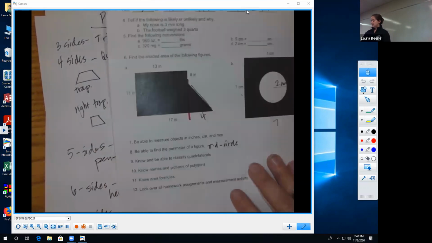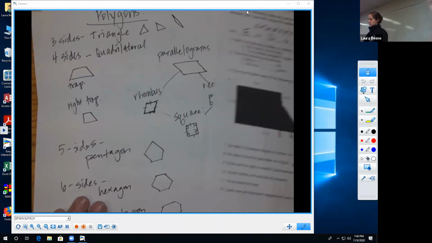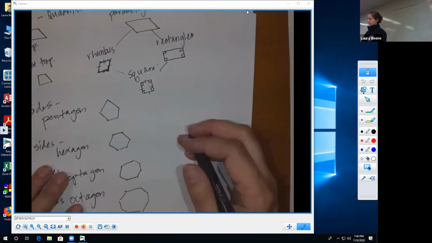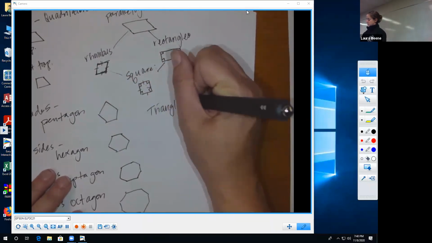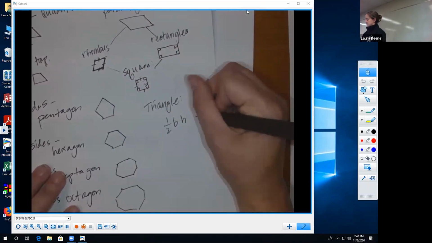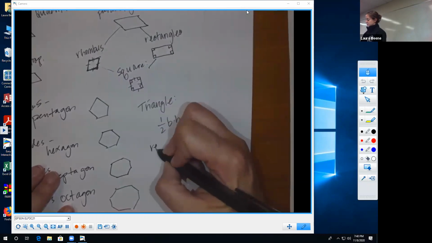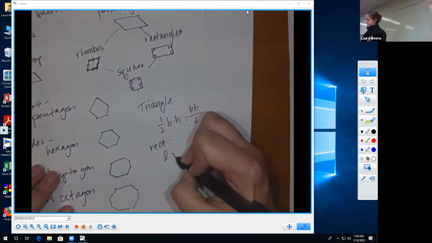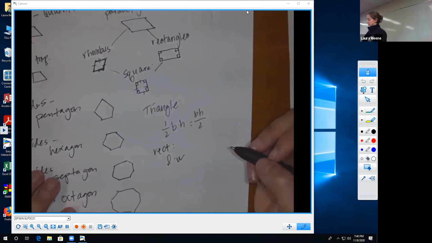And then the last thing was know all your area formulas. I think we kind of went over that when we did this one, but area of a triangle is one half base times height, or you could write it as base times height divided by two, same thing. Of a rectangle is length times width. What else?